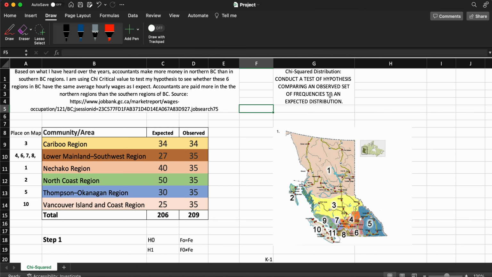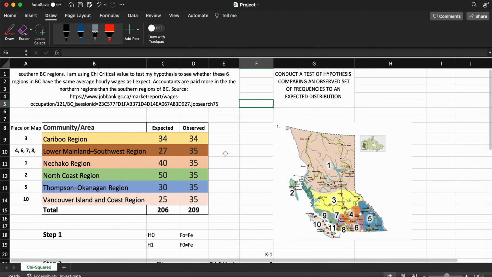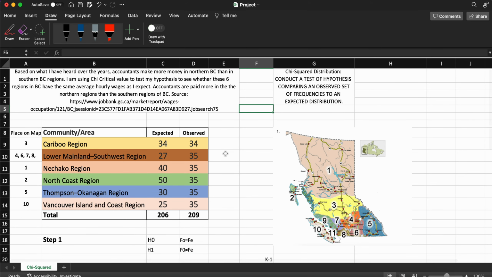The purpose of this test is to conduct a test of hypothesis comparing an observed set of frequencies to an expected distribution. So my test was that for a while I've always heard that accountants earn more money in the northern regions of BC.